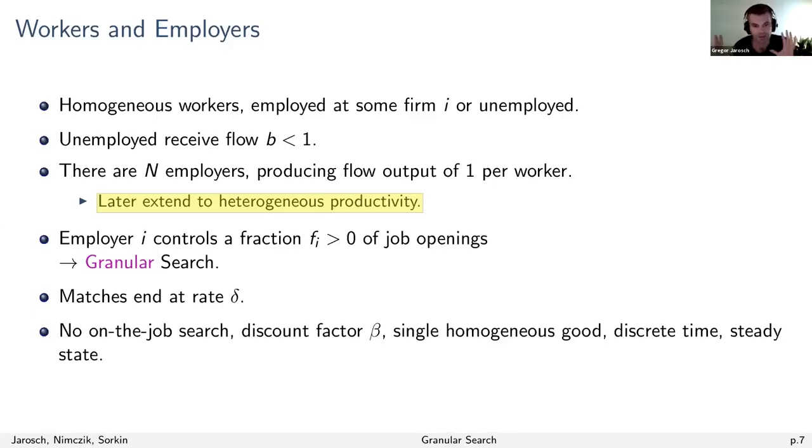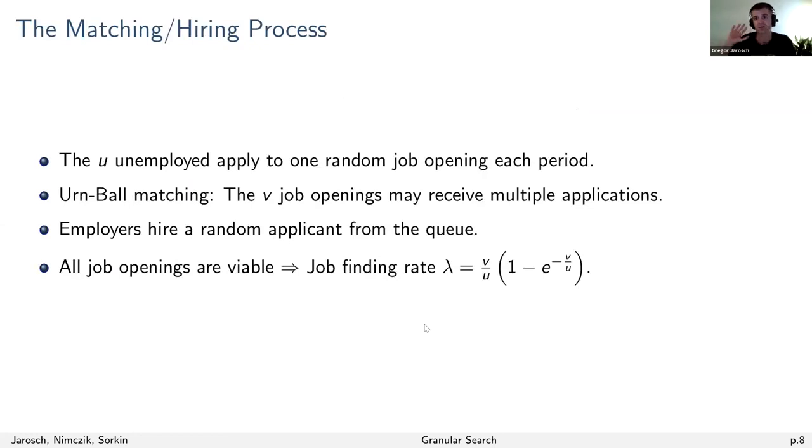There is discounting and a single homogeneous good. Things are set in discrete time, and we're just considering steady states. Now, here's a second slight twist that's not fundamental to the story: the matching process is such that at any point in time, there are unemployed workers looking for jobs, and there's an urn-ball matching function. So think of a process where these workers send applications towards job openings.